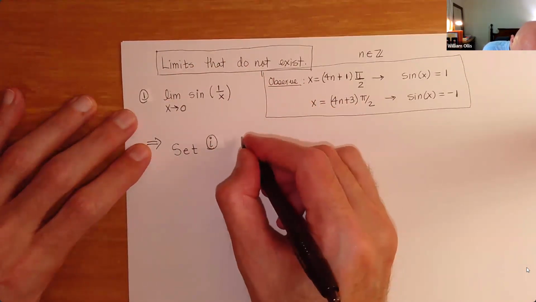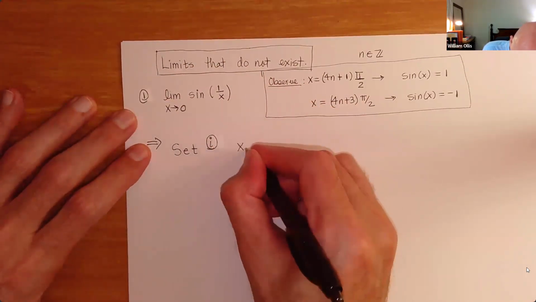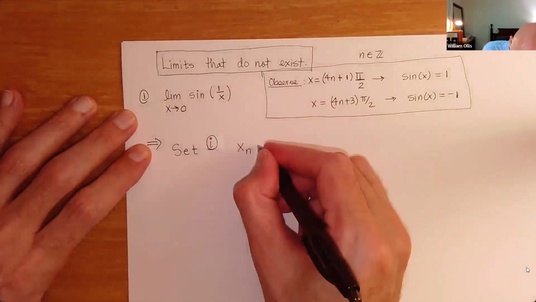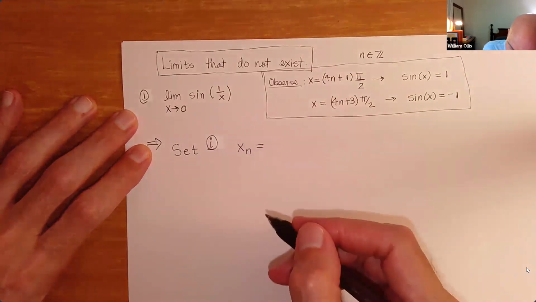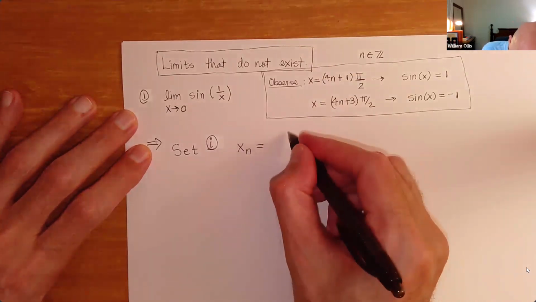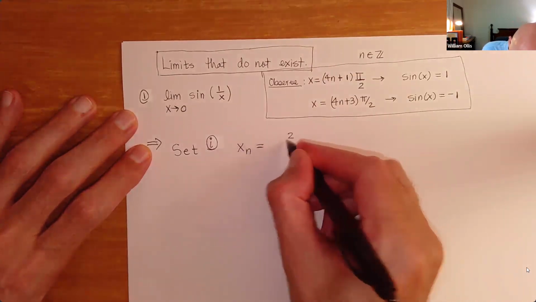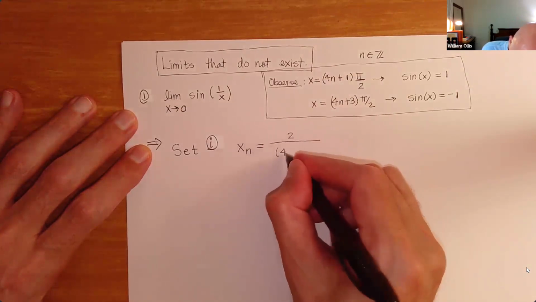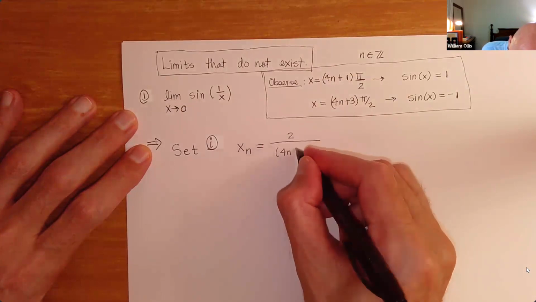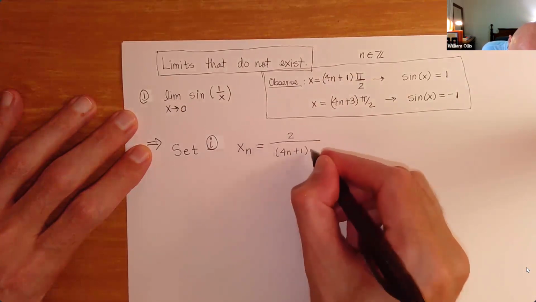So we're going to say x sub n, notice I've got the n here, will be, we're going to reciprocate everything. So we're going to say 2 over (4n plus 1) times pi.